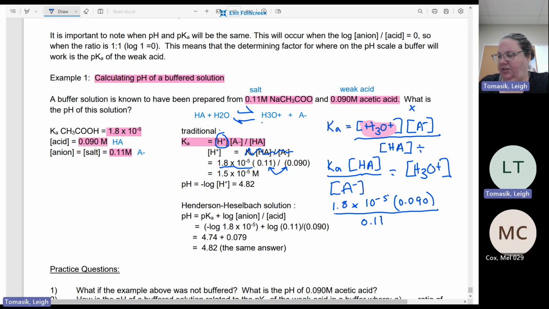Let's put that into our calculators and we'll see if magic does not happen.